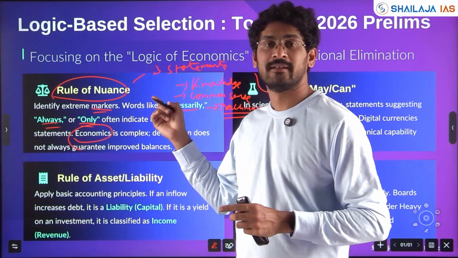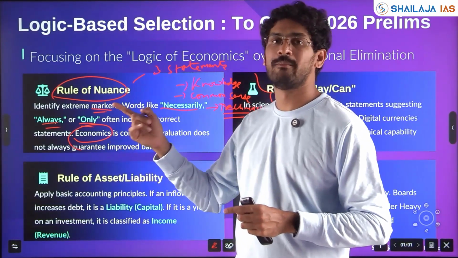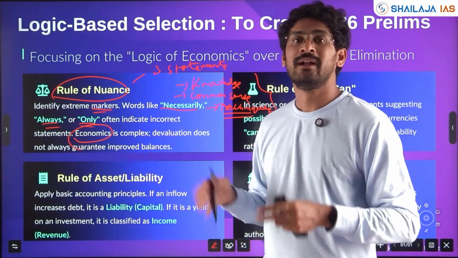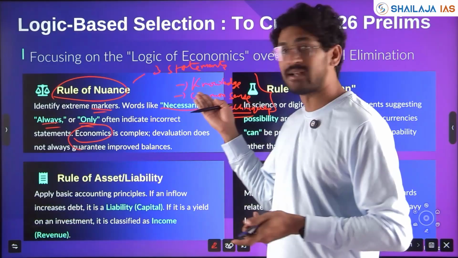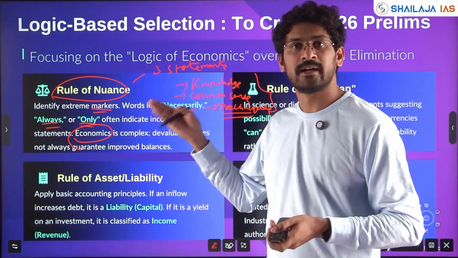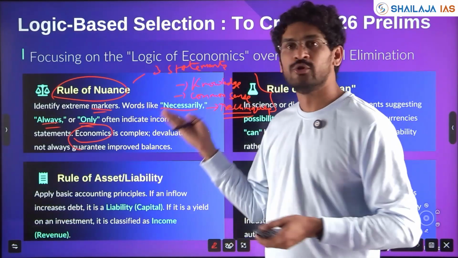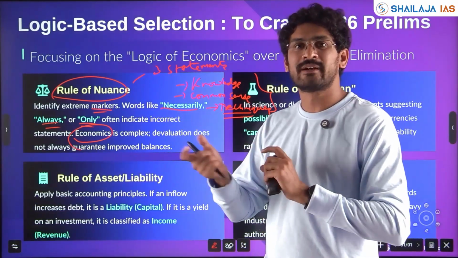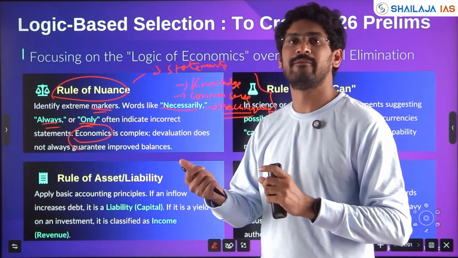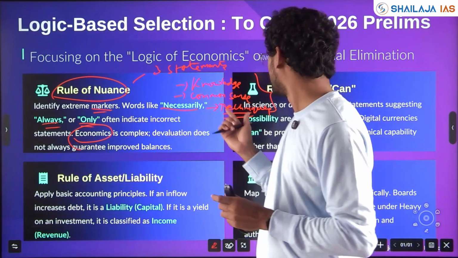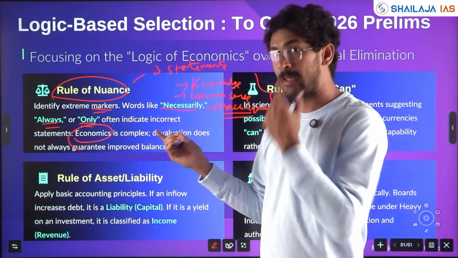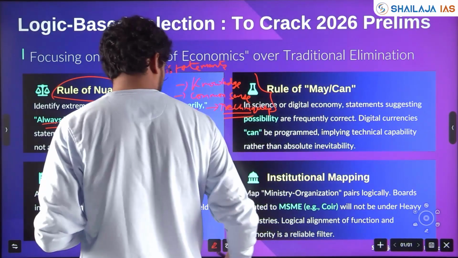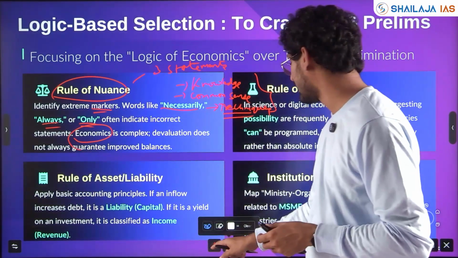If the fact is right, then it will be right. Don't go blindly saying extreme words are there, so wrong. No. Read the statement and understand: is it right? If you have the knowledge and it is right, go with your knowledge. Then you use common sense. Will it be logically sound? Is there a cause-effect relationship, is the cause matching the effect? Then go with that. Then use the techniques. Very extreme words in economy may be wrong. Clear? Next.